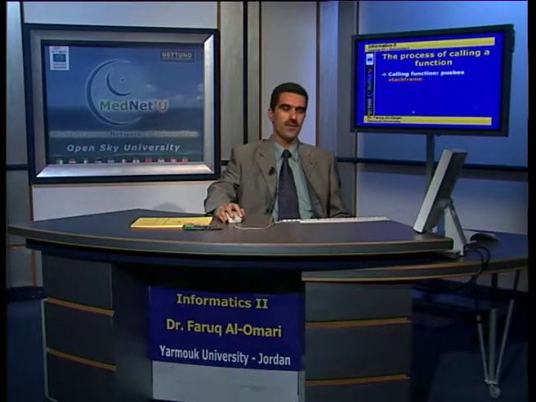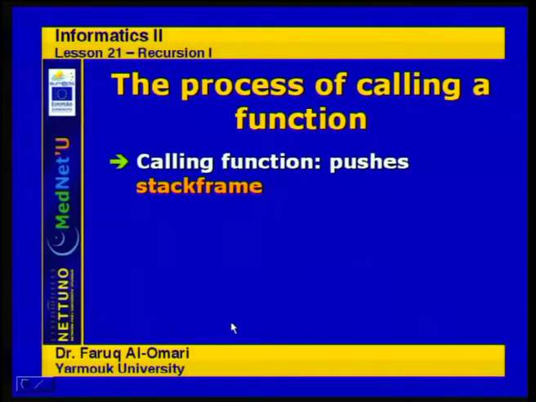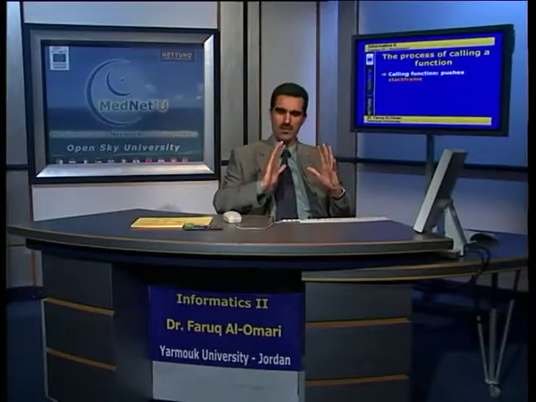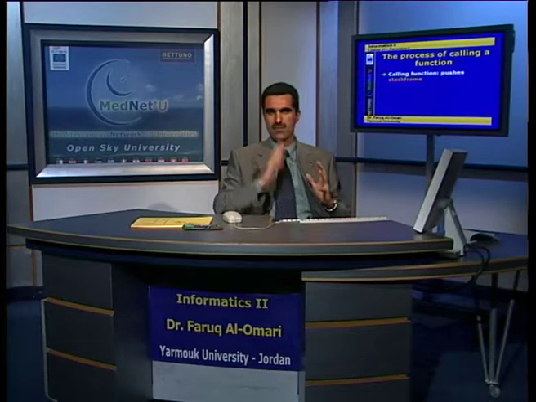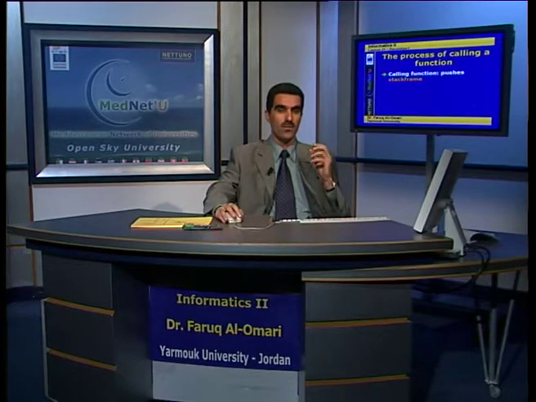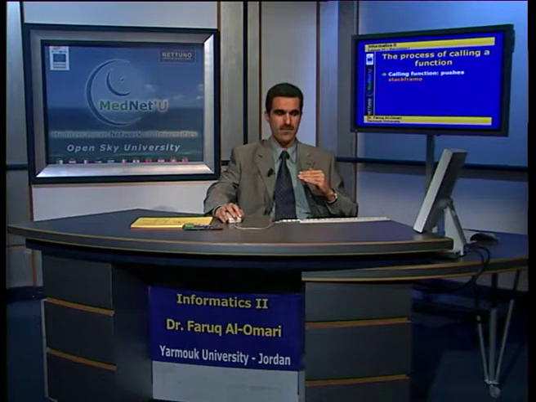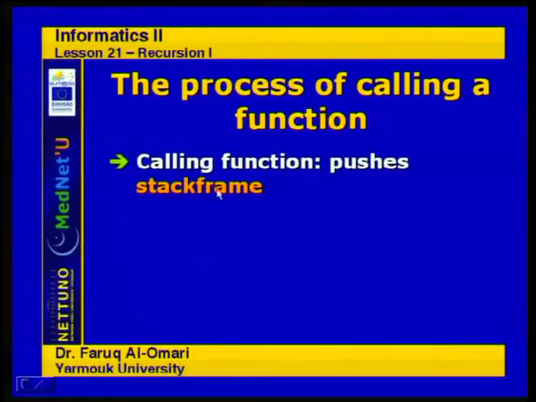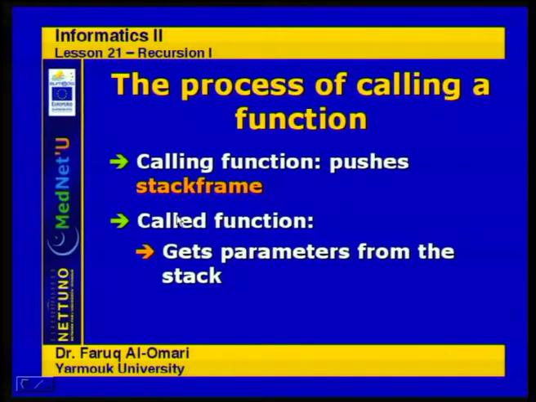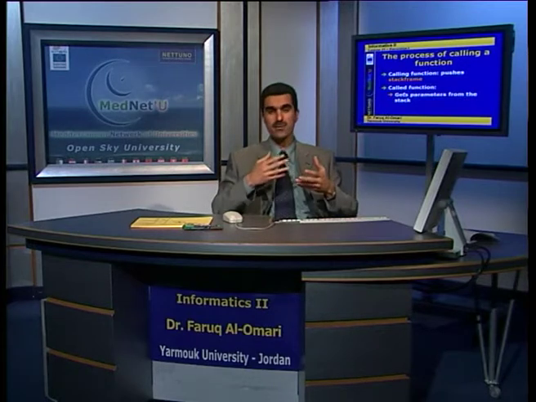The process of calling a function. The calling function, which is main or any function from which I'm going to call another function, whenever it reaches that call statement, pushes a stack frame to the top of the stack. The called function, on the other hand, goes to the stack to get the parameters because it's going to operate on these parameters.